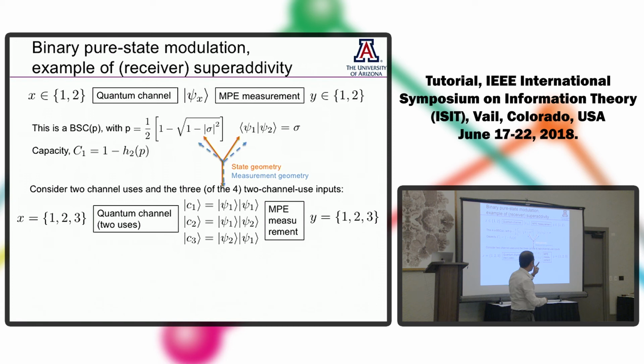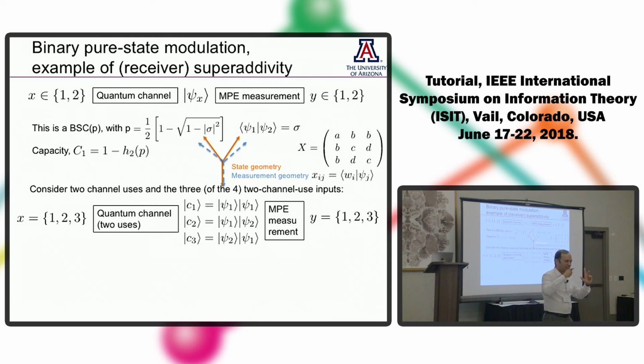Now we want to position a measurement geometry, my W1, W2, and W3. And it just so happens that the best thing to do is to position your measurement in a symmetric way with respect to your states. This is analogous to positioning your 2 measurement vectors with respect to your 2 states that I just talked about. I'm not proving this is optimal. I'm just asserting that this is optimal. But if I do that, then if you look at my X matrix, which is the inner product between the states and the measurement vectors, I'm demanding the same symmetry as the state has.